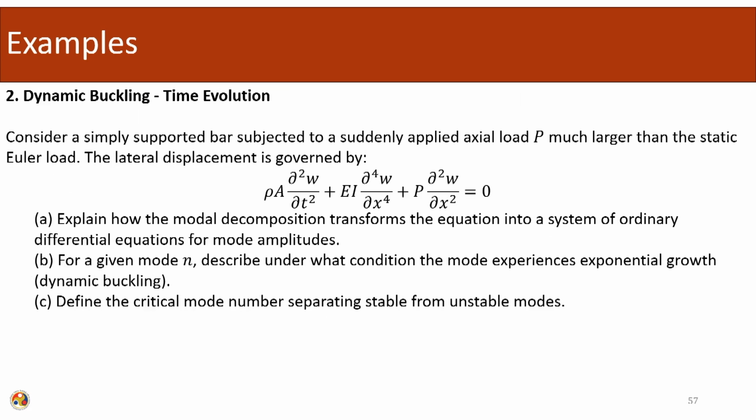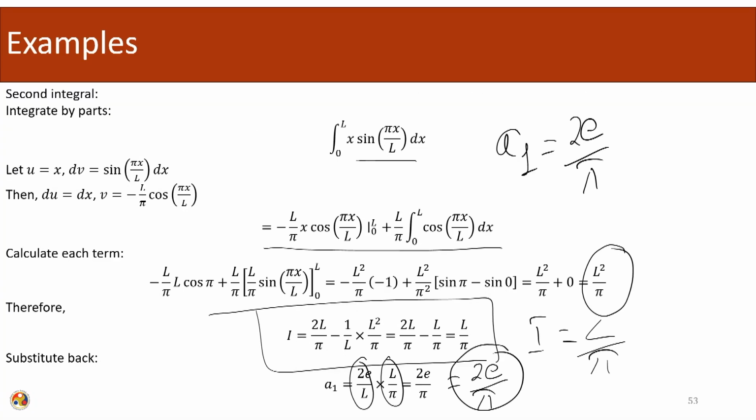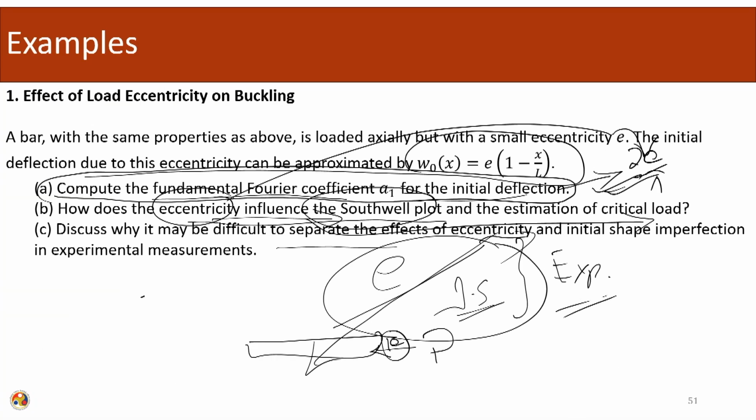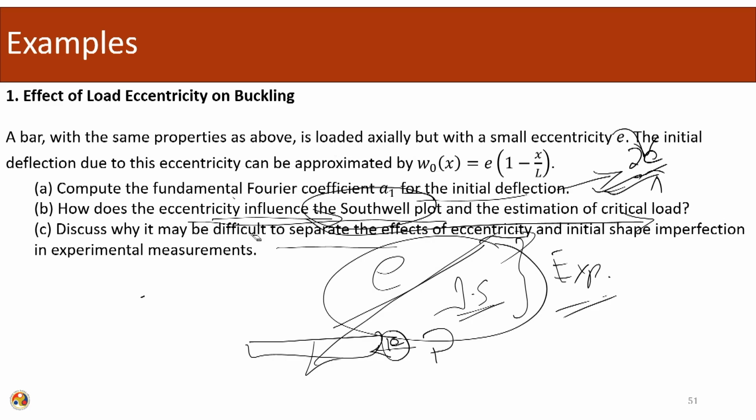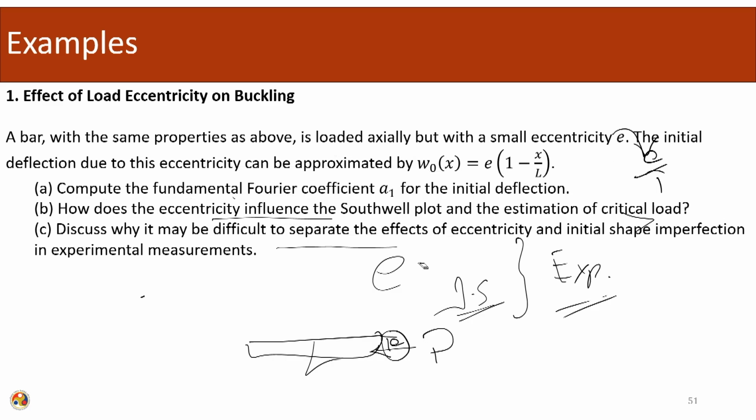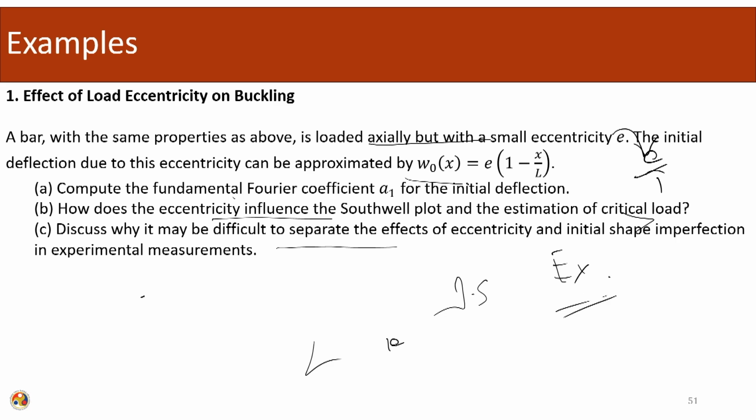So, we dealt with the example. In this particular example, we took a case of static buckling, in which there was an eccentricity. We approximated the eccentricity via this equation, we approximated the Fourier series, and we evaluated the A1 term in the Fourier series.